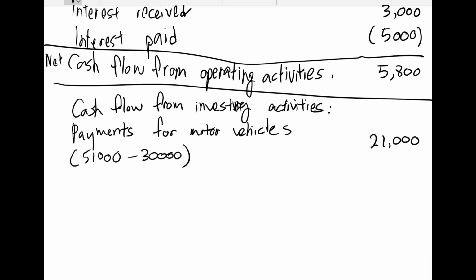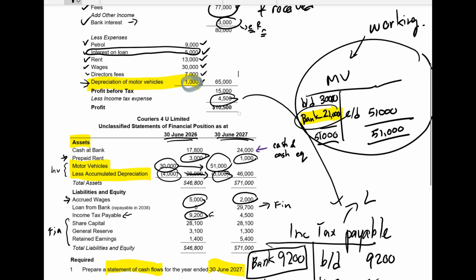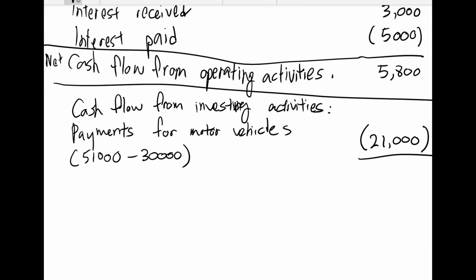I bought a motor vehicle, which means I would have to spend money, so there is a cash outflow. Since this is a cash outflow, it has to be a negative figure. Since there is only one non-current asset, which is the motor vehicle, and no more non-current assets, you can straight away sum up everything.